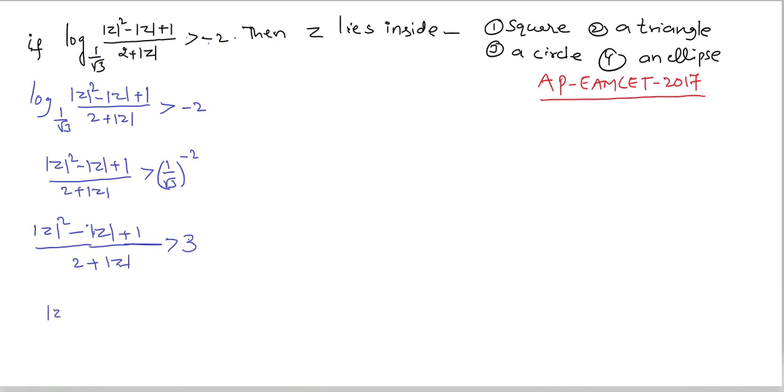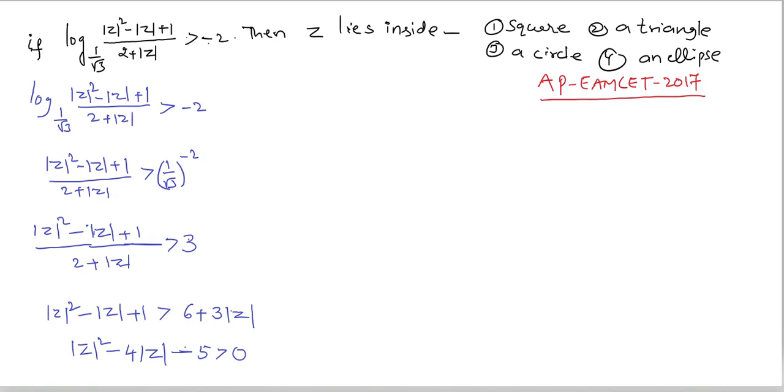That is mod z square minus mod z plus 1, which is greater than 6 plus 3 mod z. That is mod z square minus mod z minus 3 mod z, taking this side, that is minus 4 mod z, plus 1 minus 6, that is minus 5, which is greater than 0.